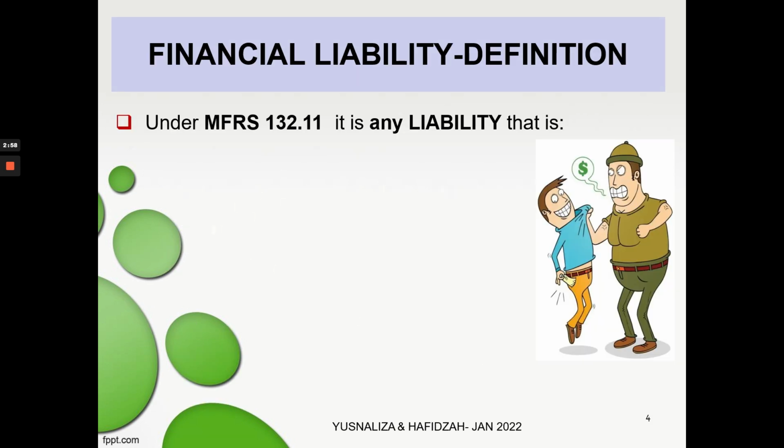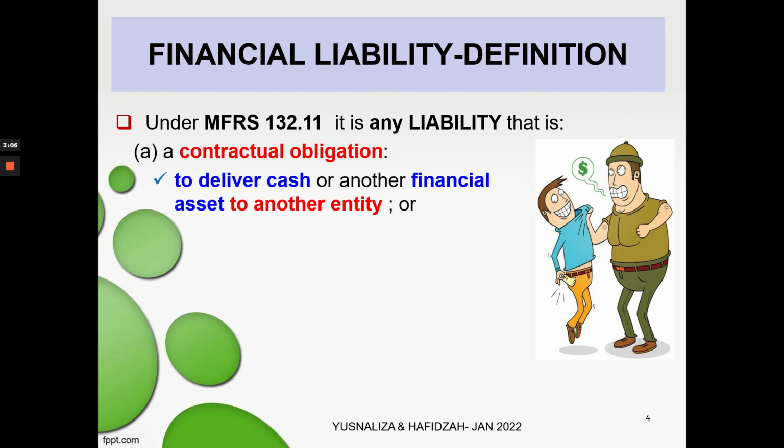Next, the financial liability under MFRS 132, which is the MFRS on financial instruments, the presentation. You would see that it is saying that a liability is a contractual obligation. So there will be a contract to deliver cash or another financial asset to another entity.